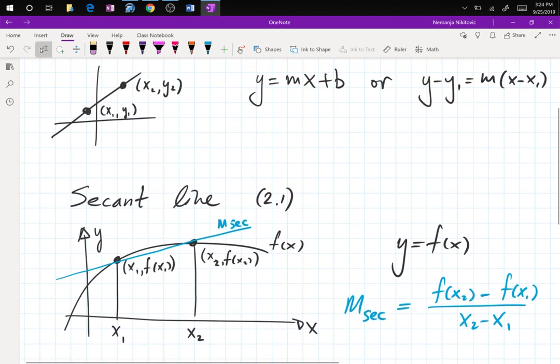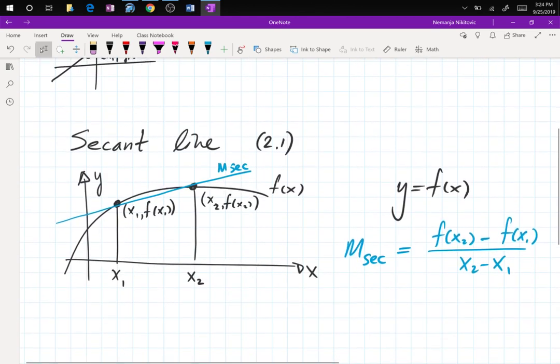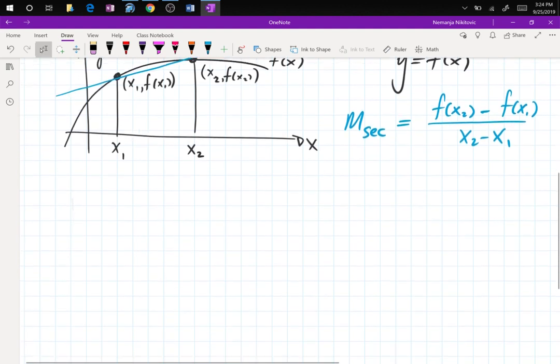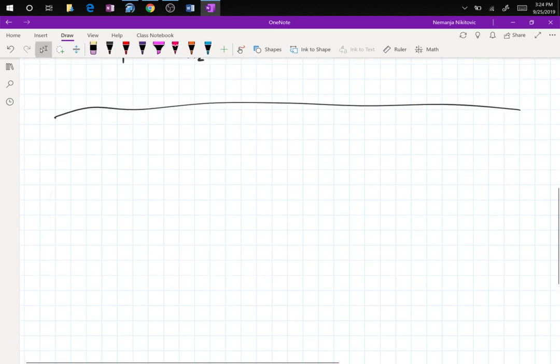So now that we have the algebra prerequisite knowledge and then the pre-calculus upgrade on it, we can finally start talking about the calculus situation, which would have a similar picture.